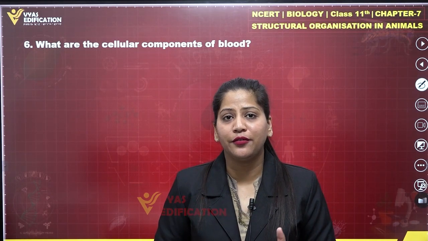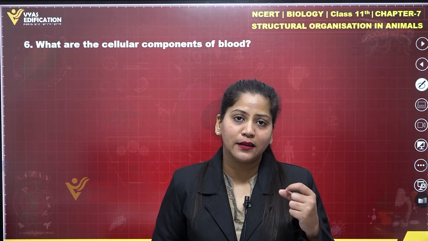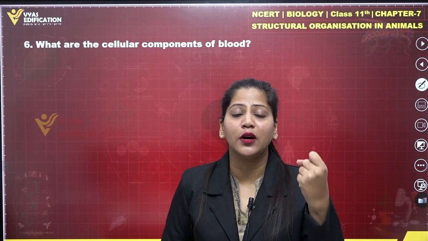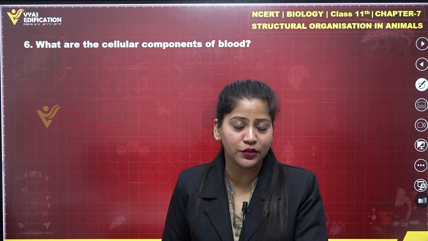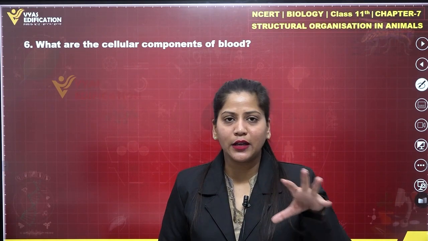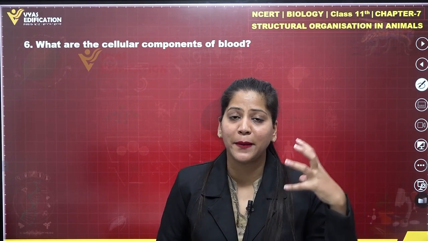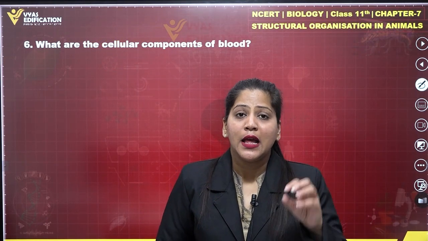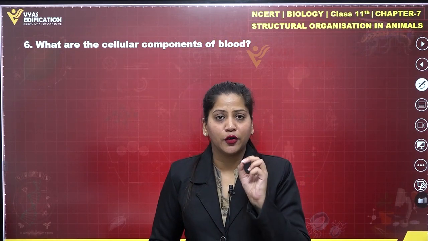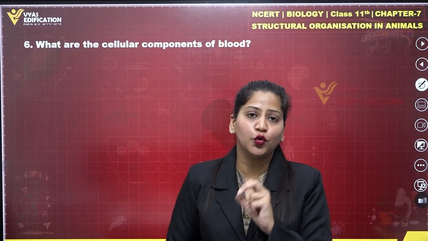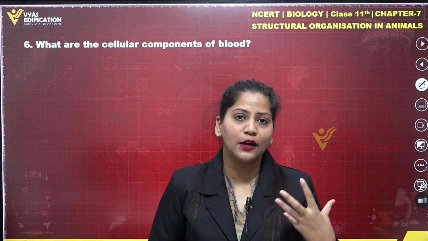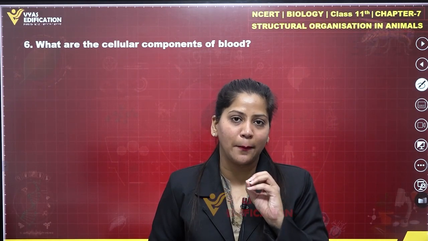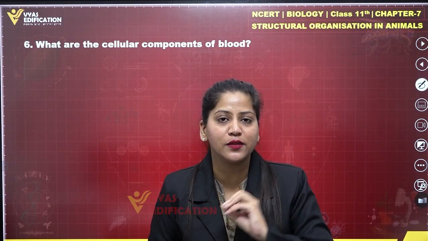And the main function of leukocytes is that they help in providing immunity to you, and we can also say they are the main part of the self-defense mechanism in our body, right? Leukocytes or WBC are divided into two groups, granulocytes and agranulocytes, based on the presence of granules in them.